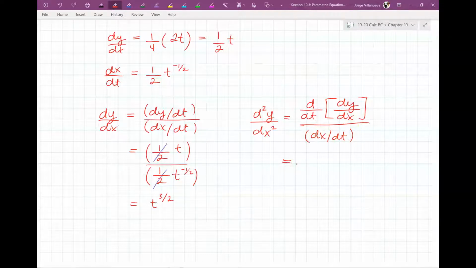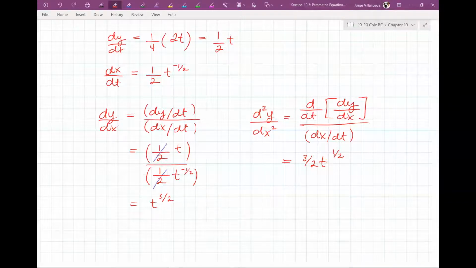So, okay, they want me to get dy/dx, which is t to the 3 halves. They want me to take the derivative of that with respect to t on top, d/dt of t to the 3 halves. That would be 3 halves t to the negative half. Actually, no, I'm sorry. Positive half. So there's my derivative, the top part, d/dt of dy/dx.